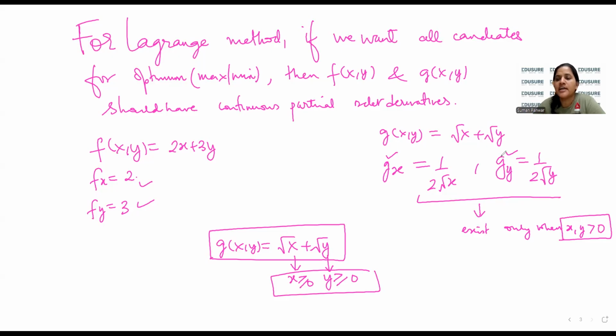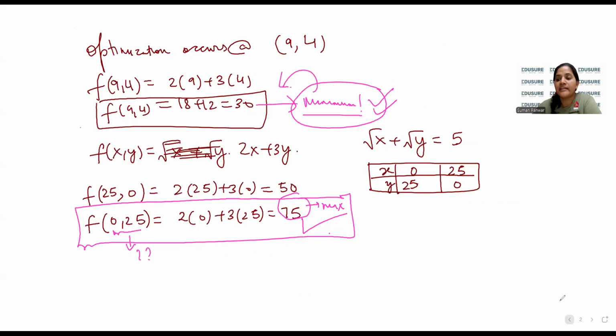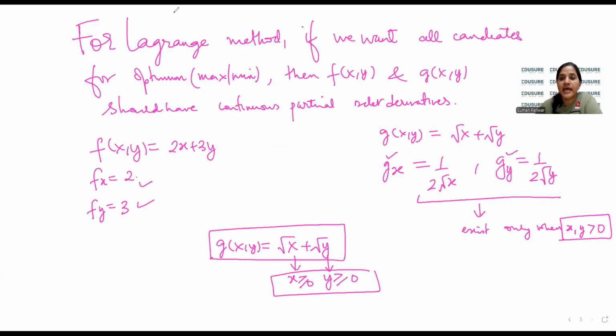Therefore, we did not get all the candidates for the optimum for this particular problem. So while solving problems by Lagrange multiplier method, we have to make sure that the function f(x,y), which has to be optimized, and the constraint have continuous partial first order derivatives.